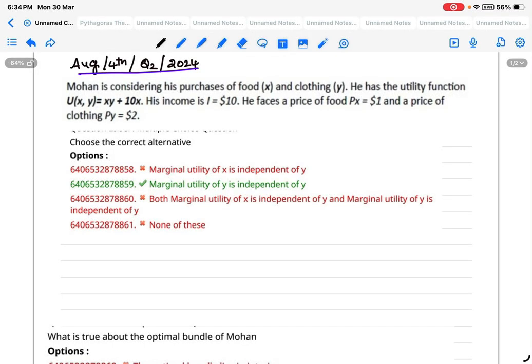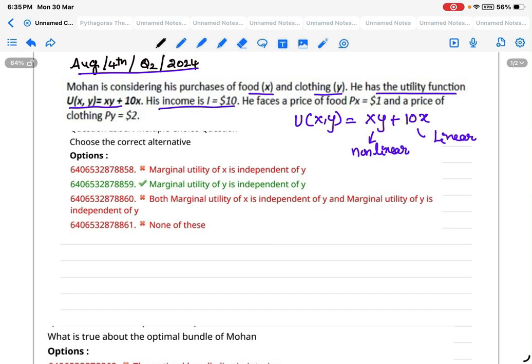Mohan is considering his purchase of food X and clothing Y. He has the utility function u of x comma y, that is utility in terms of two goods, food and clothing, equal to xy plus 10x. So this is linear, this is non-linear.